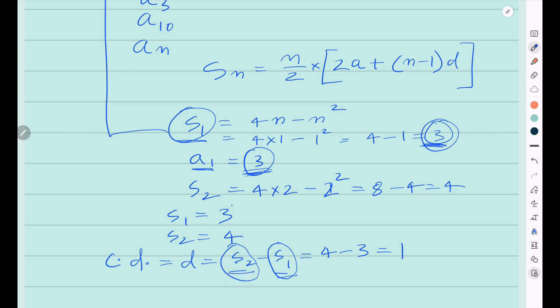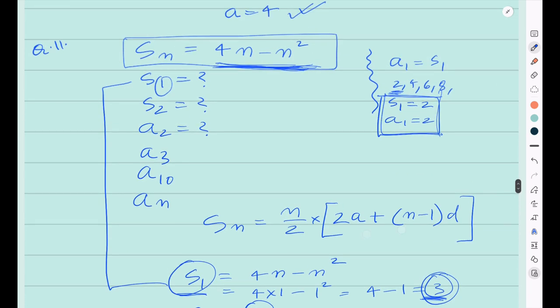So the difference between them will be the common difference, and that we are getting as 1. So in a way we have found out D, we have found out A1. So now we know the AP, isn't it? And now in that way we can find all these numbers.